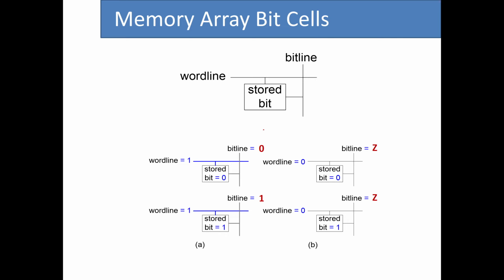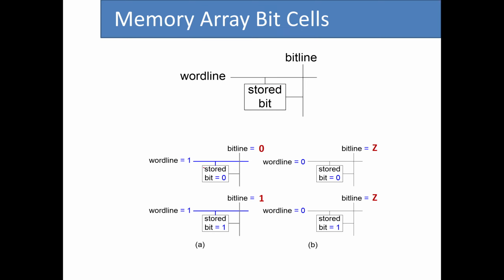So how are these memory arrays created or represented? The way it works, for each bit we have a word line that is responsible for selecting a specific row in the memory array, and then we have a bit line that is used for reading or writing the data on the stored bit.